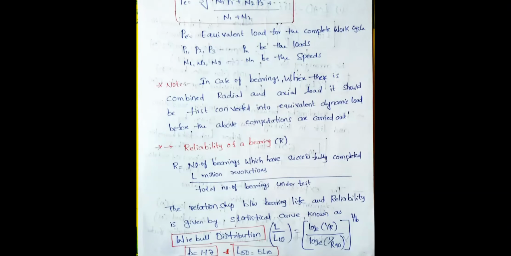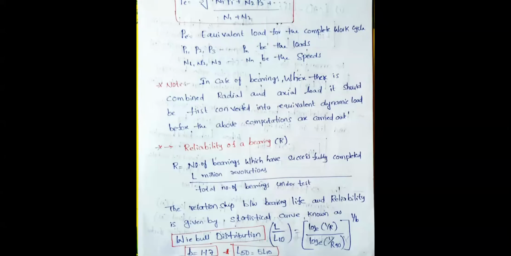Normally we use only these relations for solving the problems. If you are aware of these relations, there is no need to remember them, because all these relations are available in your data book. No need to worry. Just follow this relation, that is important. Then you can easily solve the problem.